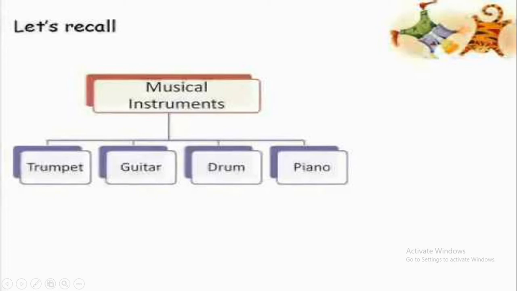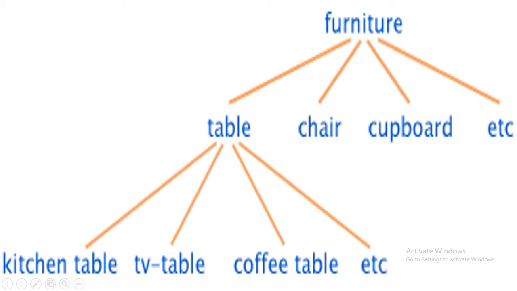As we said earlier, a musical instrument could be also regarded as a superordinate term, and the types of instruments, trumpet, guitar, drum, piano, these are hyponyms. The word furniture can also be treated as a superordinate term, including types of furniture, for example, table, chair, cupboard, etc. And at the same time, the word table could also be treated as a superordinate term, including other types, for example, kitchen table, TV table, coffee table, etc.